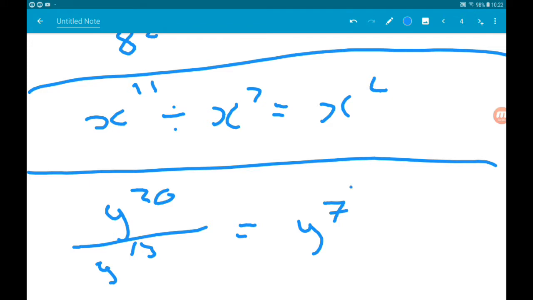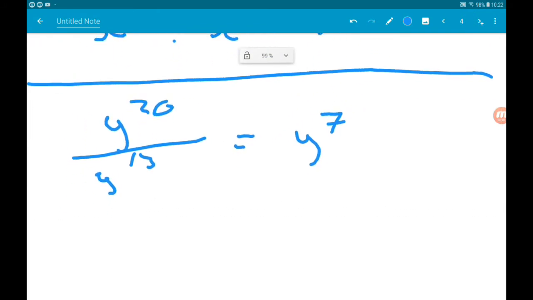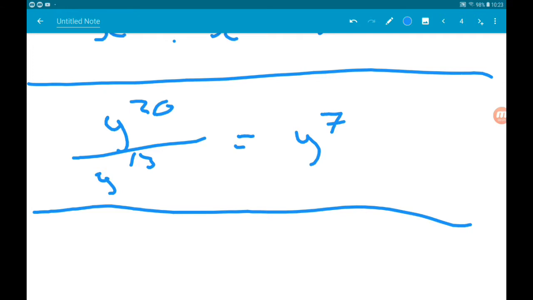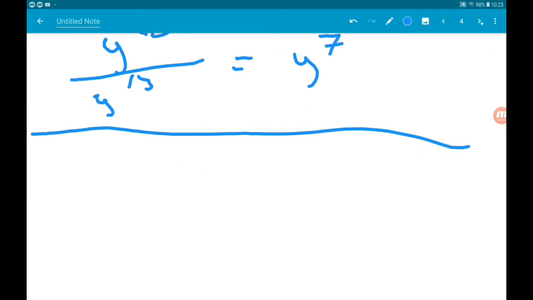What about if they give us something like this? Say we had a squared b cubed, so that means a squared times b cubed.